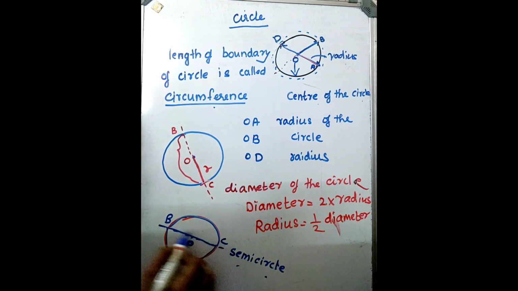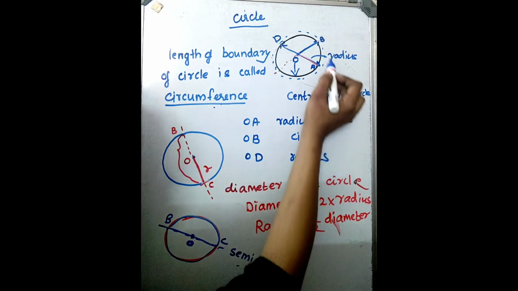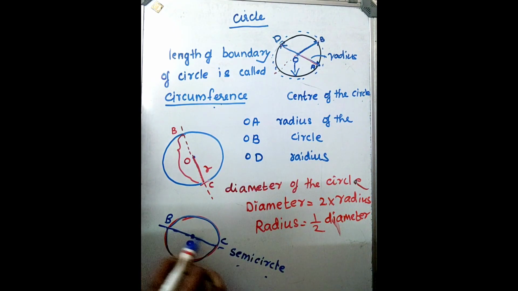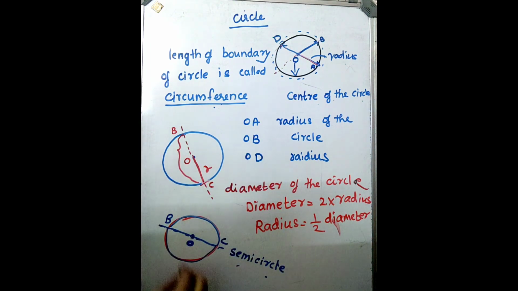These are points on the circle and this is a point inside the circle. You got the idea? Circumference, center of the circle, radius, diameter, points on the circle, and a point inside the circle. So these are the terms related to the circle. Study these terms and write the notes. Okay.